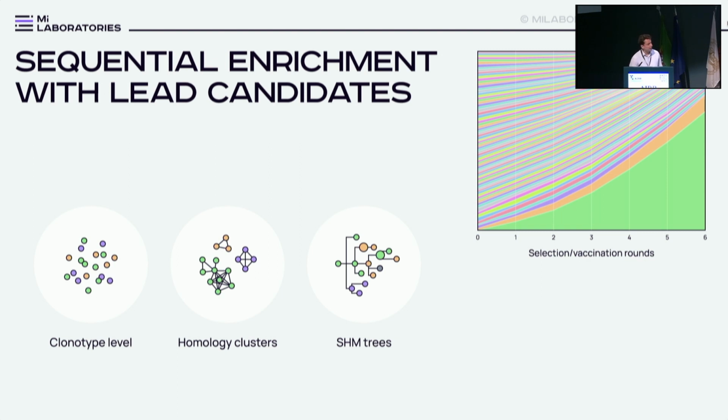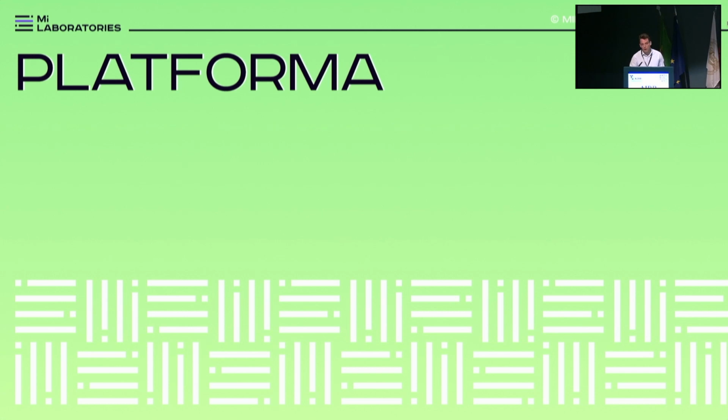B-cell lineage reconstruction and somatic hypermutation trees are a very important part of modern MiXCR. Those are the three things I wanted to highlight about recent developments of MiXCR.